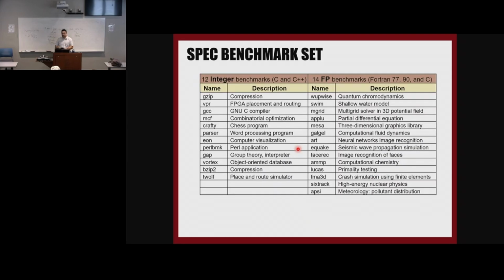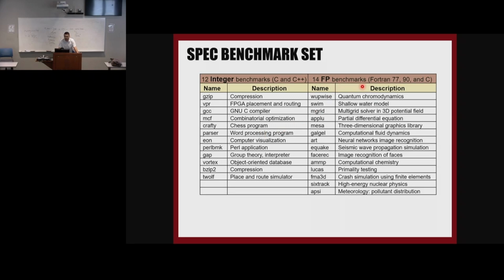Yes, for example here. This is an example of an integer benchmark. The programs are in C and C++, and the tasks are compression, FPGA placement and routing, a chess program, for example, a word processing program, and computer visualization. These are different tasks that we run on these computers, and we see how much power they consume and how long it takes for them to finish the task. We have the same scenario for floating point.